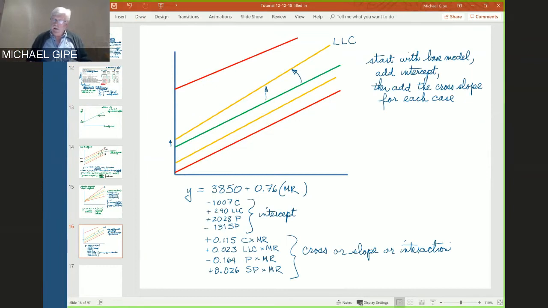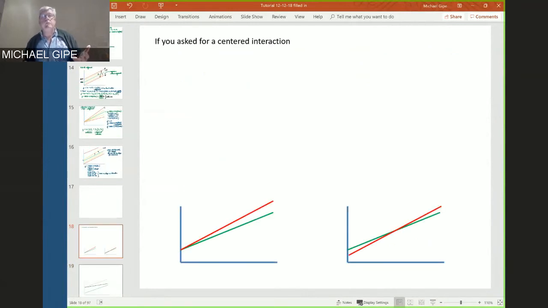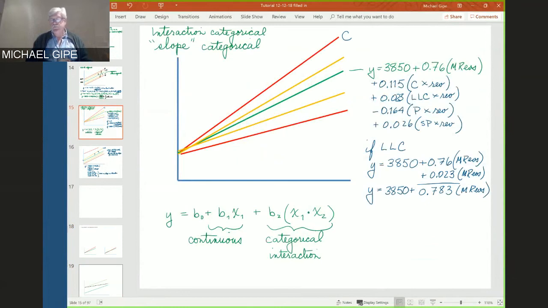Now, this used to be an option that you had to select, but I think JMP now takes a centered interaction as the default. You can ask it to do it differently. So by default, it will center your interactions. Our interaction terms look like this.